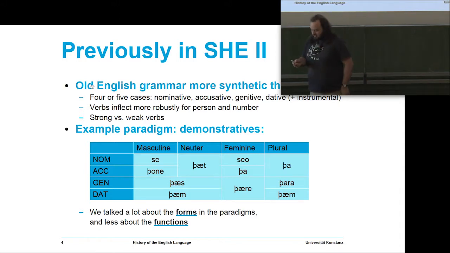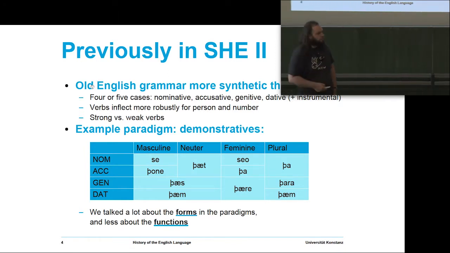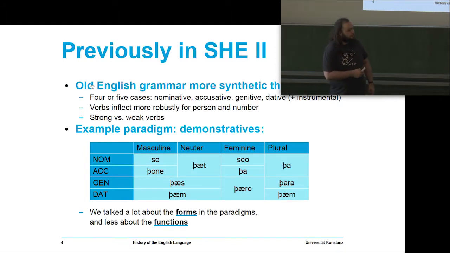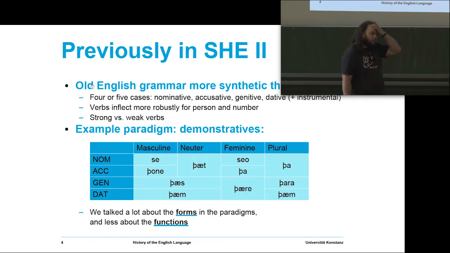A similar one here, in the neuter, the nominative and the accusative are always the same. That's useful to know as well. I probably won't be so mean as to ask you to identify a case form that you can't possibly distinguish, but it's still useful to have that general knowledge about how the system functions.